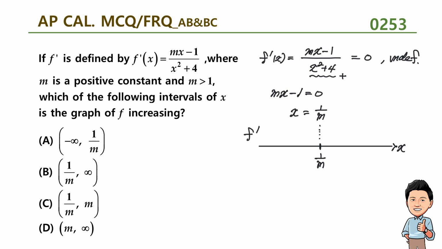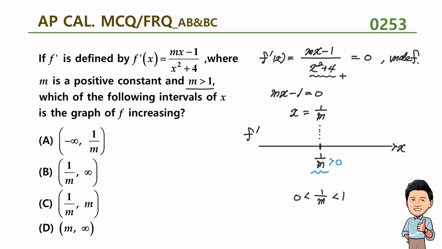Remember, m is a positive constant and m is greater than 1, right? So 1 over m is a positive number. 1 over m is greater than 0, but since m is greater than 1, it is less than 1, right?